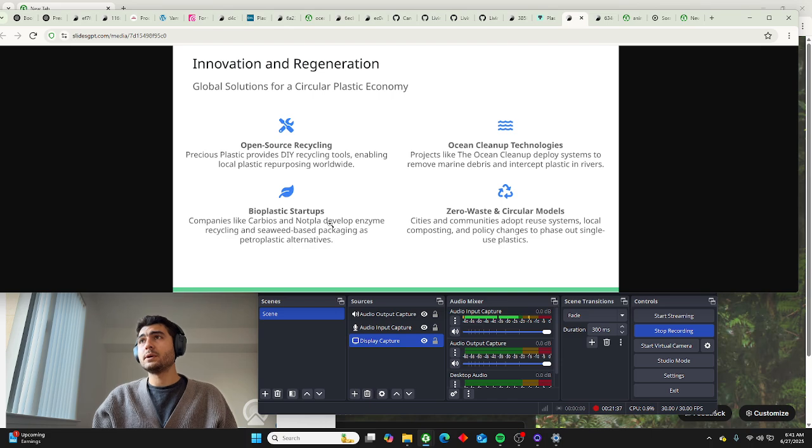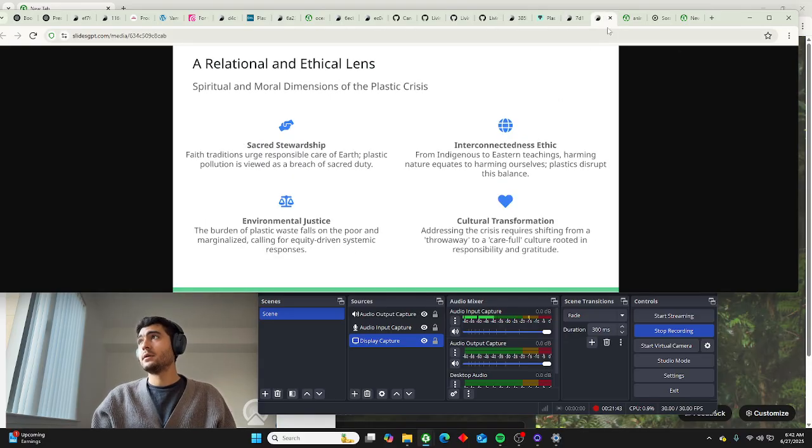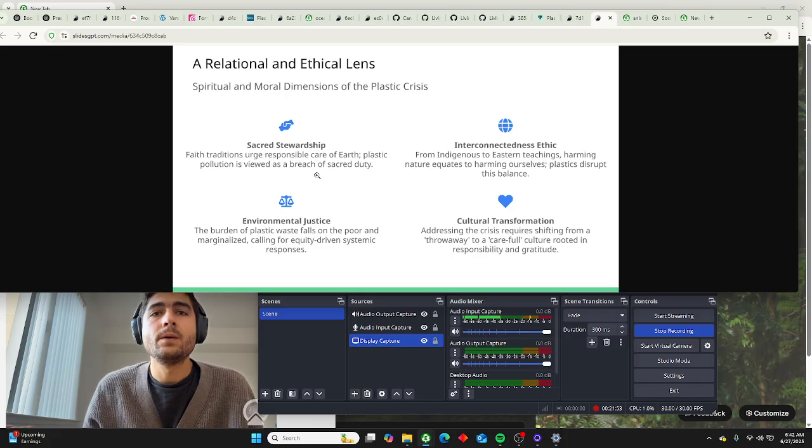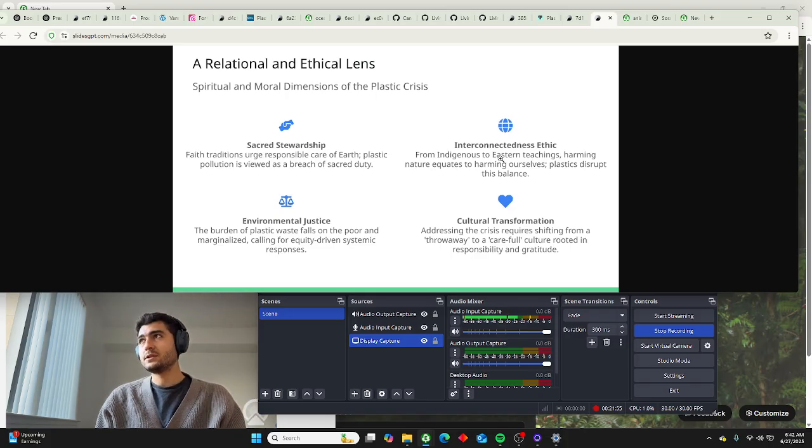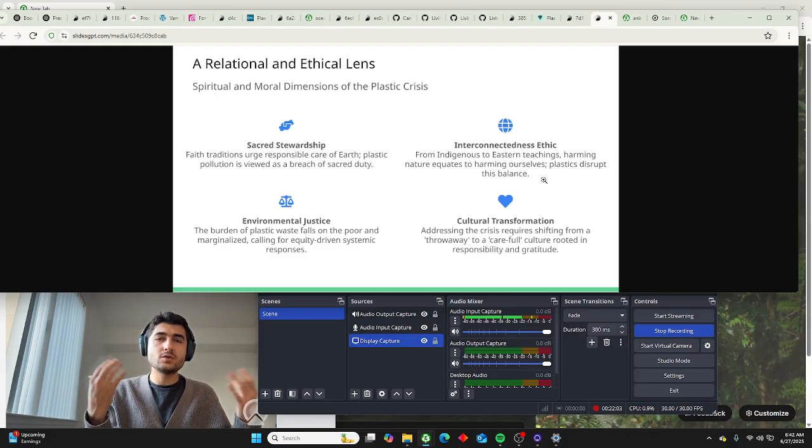There are some companies developing enzyme recycling and seaweed-based packaging as petroplastic alternatives, and faith traditions urge responsible care for earth. Plastic pollution is viewed as a breach of sacred duty. Yeah, from indigenous to Eastern teachings, harming nature equates to harming ourselves, because as above, so below.